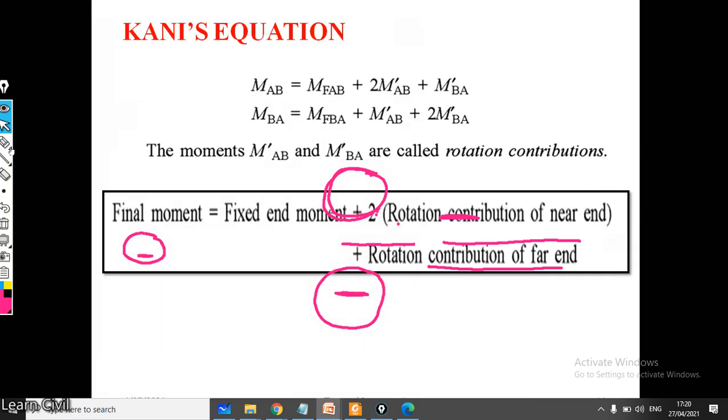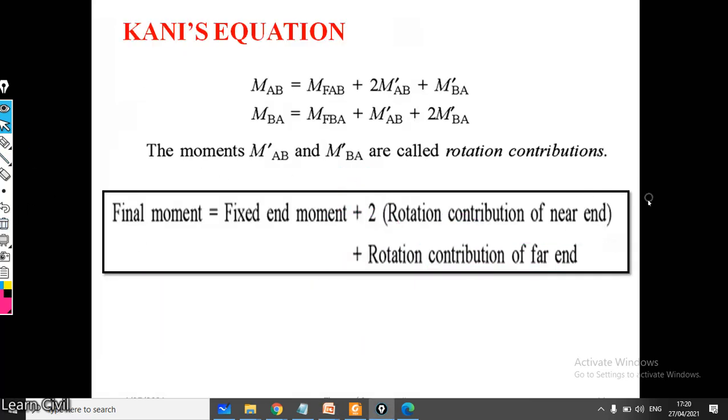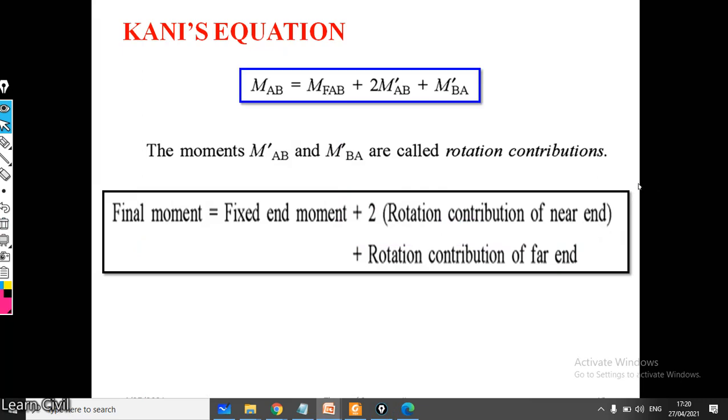The next point is, in moment distribution we know that we need to do the distribution of moment, but in this particular method, Kani's method, what we have to do is calculate the rotation contribution. So we can calculate the fixed end moment value by using a standard formula, but in addition to this we have to calculate these rotation contributions, these m dash ab and m dash ba.